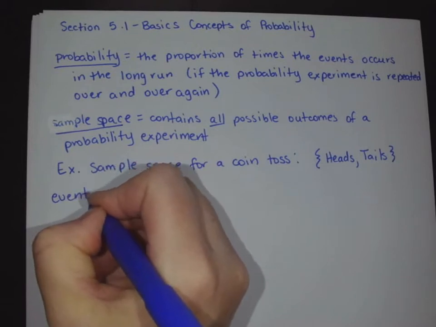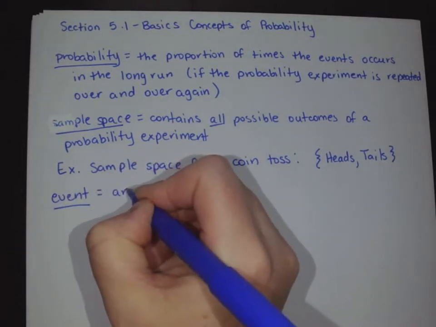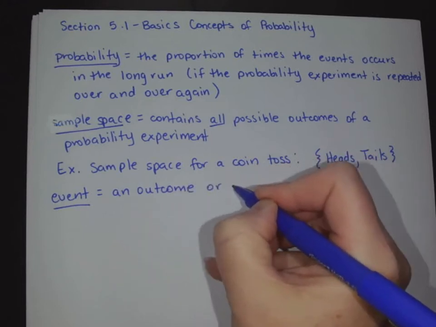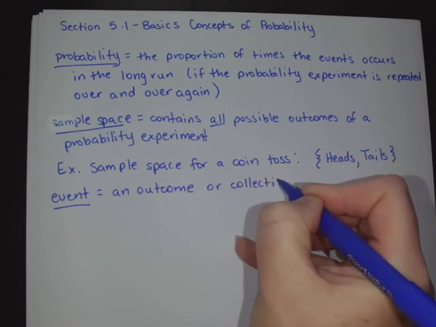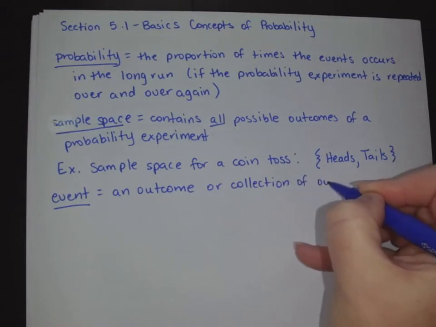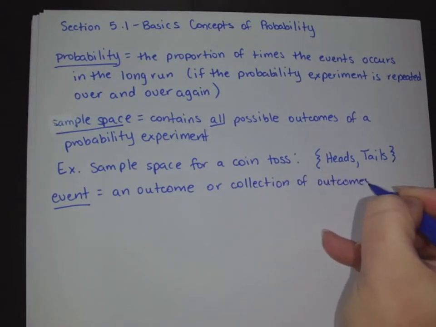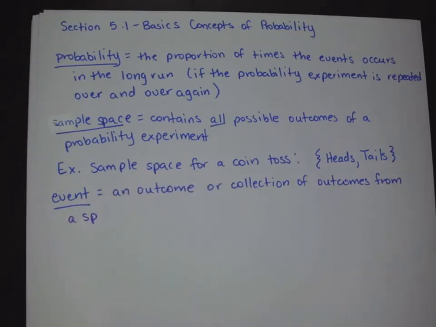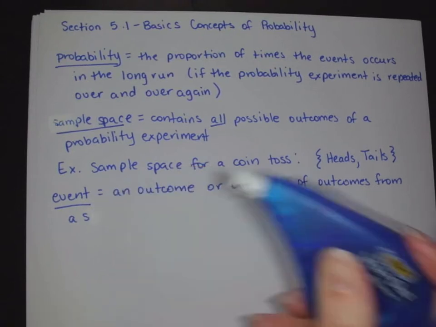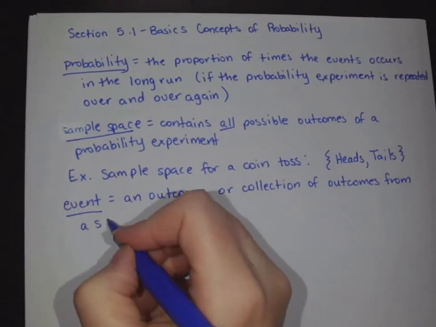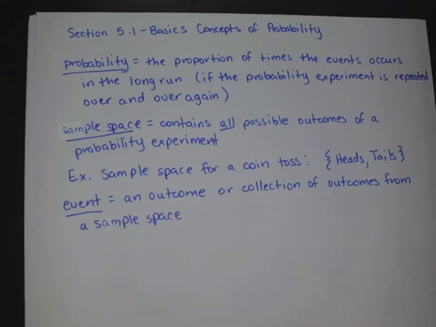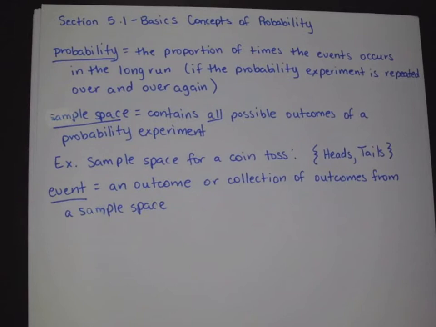An event, we're going to refer to all these words in the probability sections in this class. An event is an outcome or sometimes a collection of outcomes, if we're looking for more than one thing to occur, from a sample space. So in our coin toss example, heads would be one event and tails would be another event.